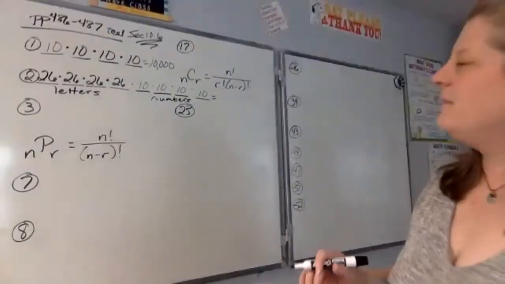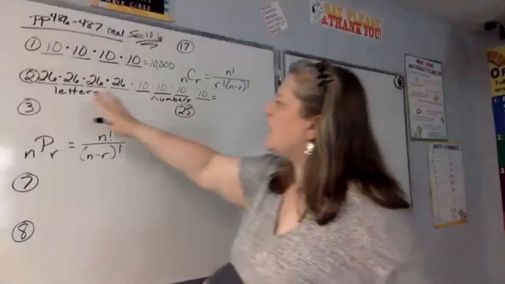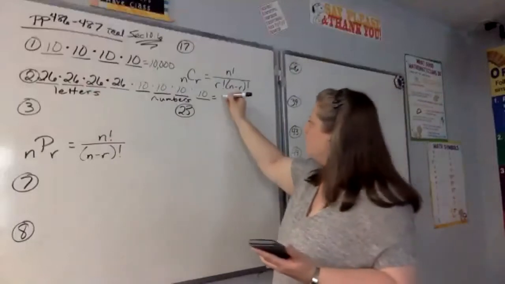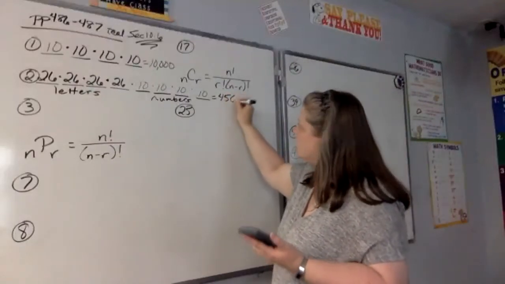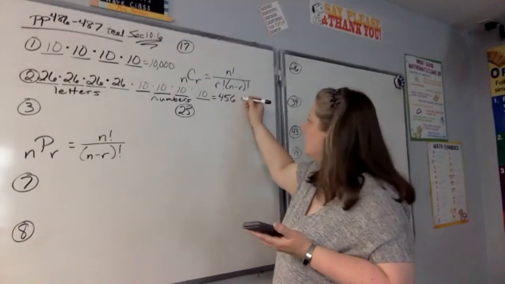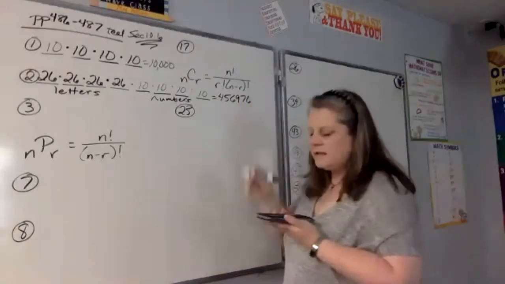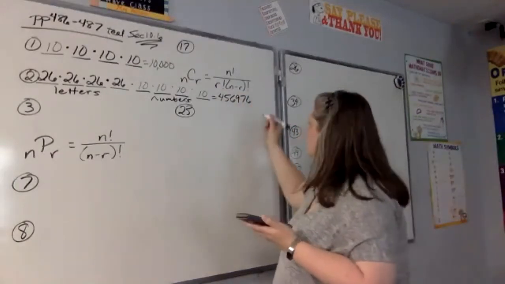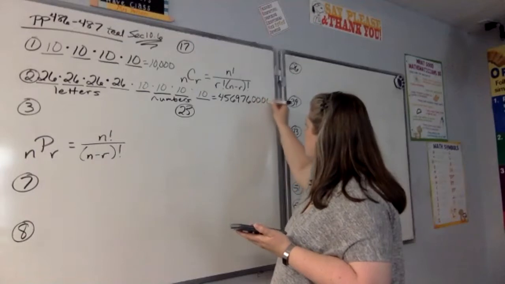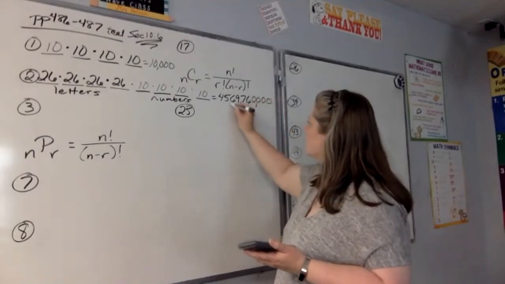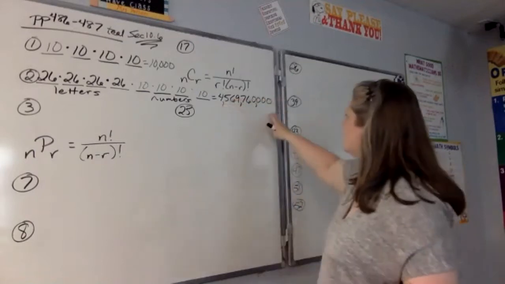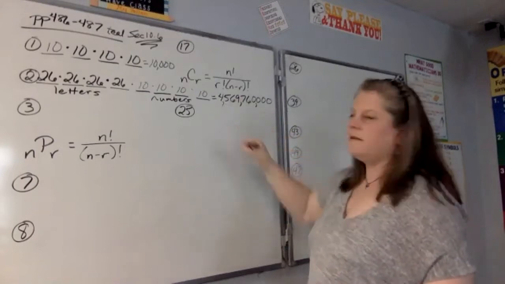Okay. All right. So we multiply all these together and you get a 4, a 5, a 6, a 9, a 7, a 6, a 0, a 0, a 0, a 0. So that's my kind of password, huh?